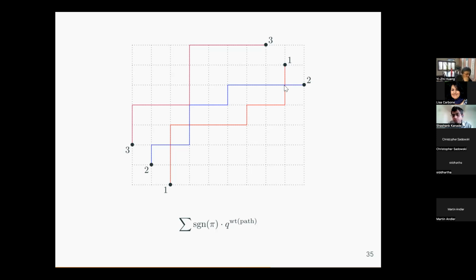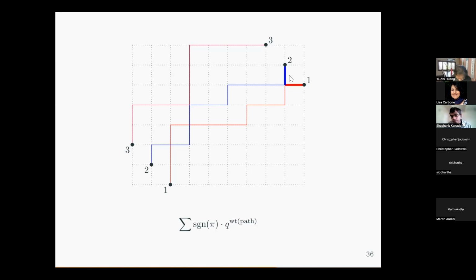So that would be this here. And at that point, you reroute these paths. So the blue path will now go up and the red path will now go right. So you reroute these paths and you still get a bad path. You still get a touching path. Here it was intersecting, but now it becomes a touching path, but it induces an opposite permutation, or rather a permutation with an opposite sign.